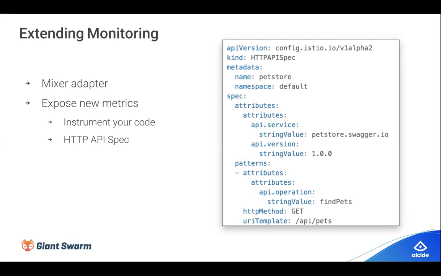So here we are generating attributes for the operation findPets with the method GET. And when you apply this configuration to Istio, it will generate this attribute from the proxy that matches this spec. And then you can inject those to the adapter and the monitoring tool, and then you can have this information in the tool.